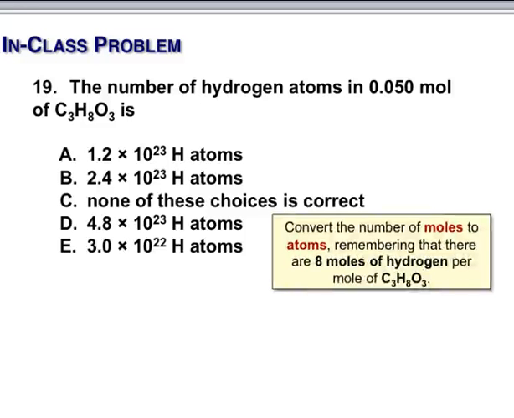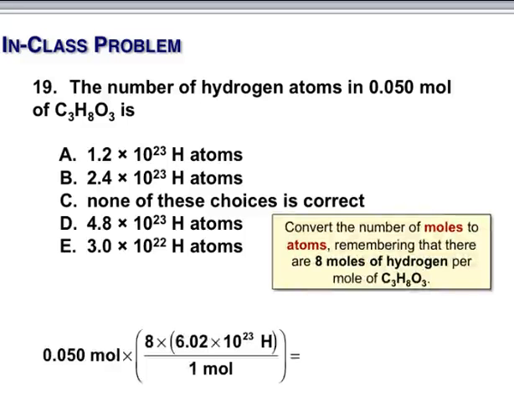Then our mole ratio is simply 8 to 1. Moles cancel. 6 times 8. We have 2.4 times 10 to the 23rd.